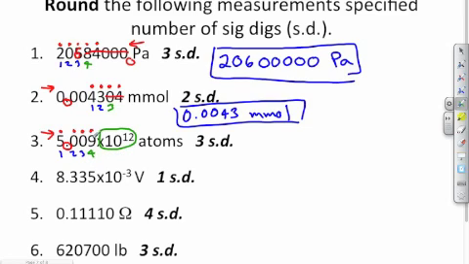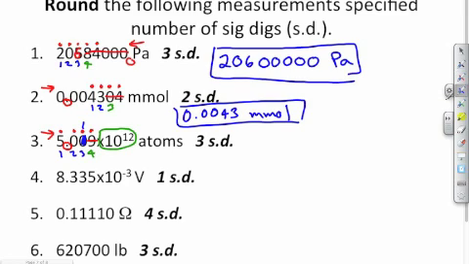Alright, 9 is 5 or greater, so indeed it will round my third significant digit, that 0, to a 1. And now I'm going to drop all but the first 3 significant digits. So that 9 is going to go in the trash.